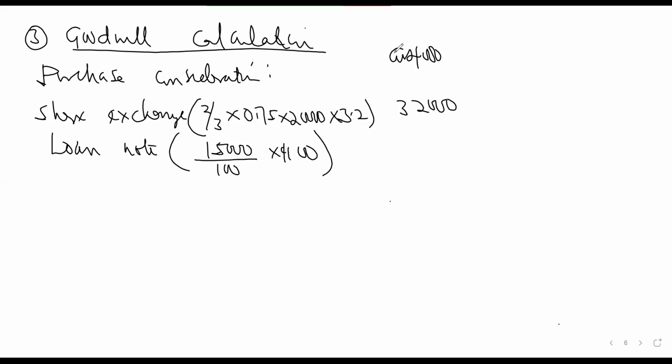We are acquiring 15,000 shares, so it will be 15,000 divided by 100. That will give you the number of units of the loan note, and a unit is 100 cedis. So this is how you do it: 15,000 over 100 multiplied by 100, or 100 over 100 multiplied by the number of shares that you are getting. And that will give us 15,000. Okay. This has not been recorded, isn't it?